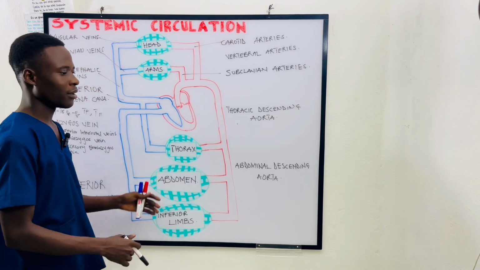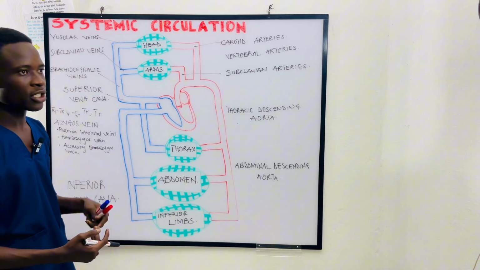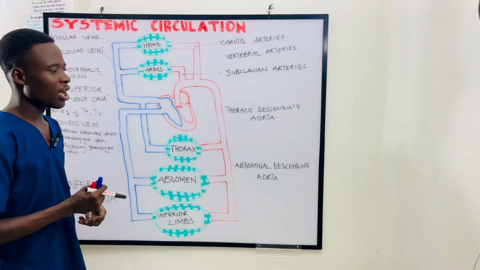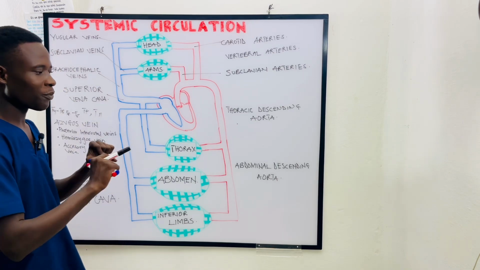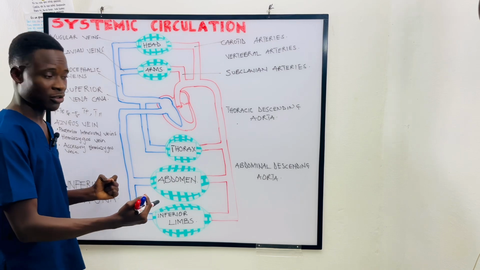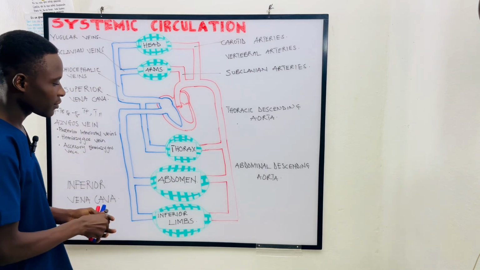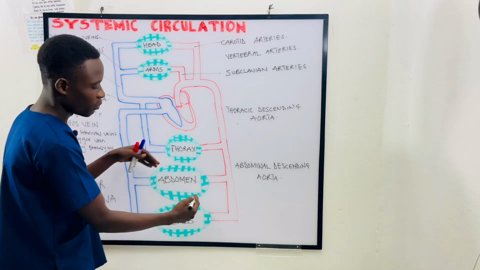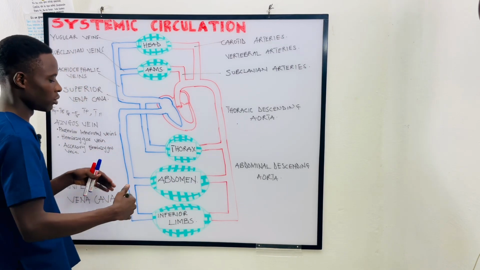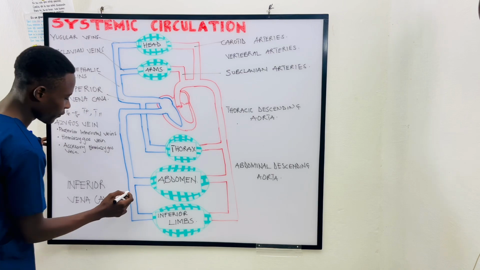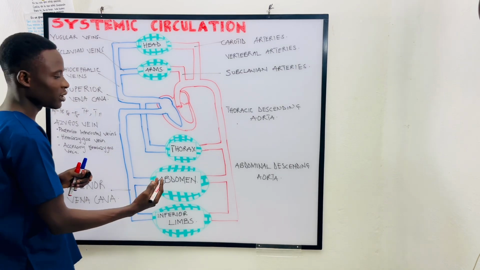We also have the mesenteric arteries, the superior and the inferior mesenteric artery, that supply the intestine and some part of the pancreas with blood. Do you understand? After the supply and this exchange, the deoxygenated blood will get to the inferior vena cava through the corresponding vein.